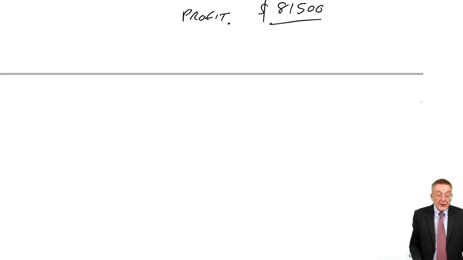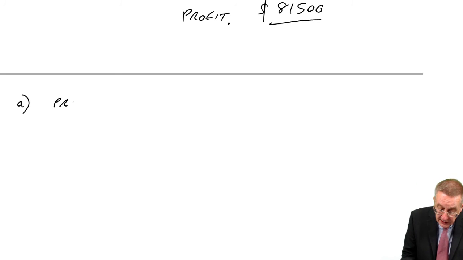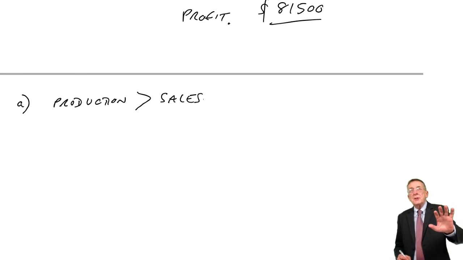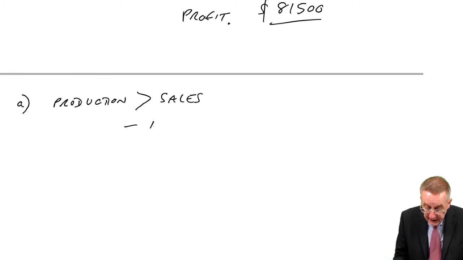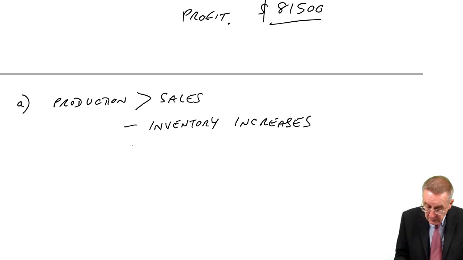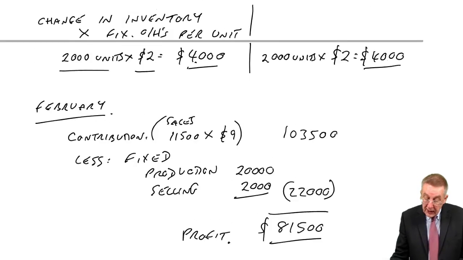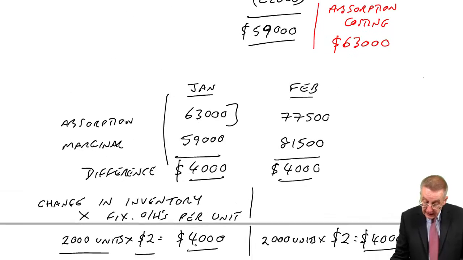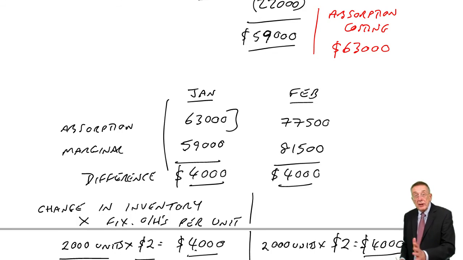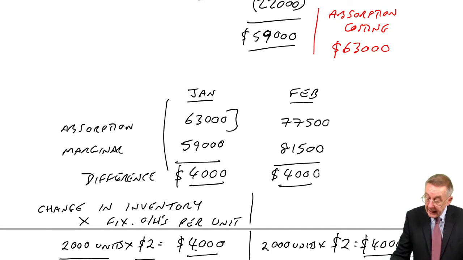Example 3, it says compare profits in the following situations. A, if the production is more than the sales, well, if you produce more than you sell, the inventory increases. And if inventories increase, well, you can see for yourself in January. In January, inventories increased and absorption gave the higher profit.